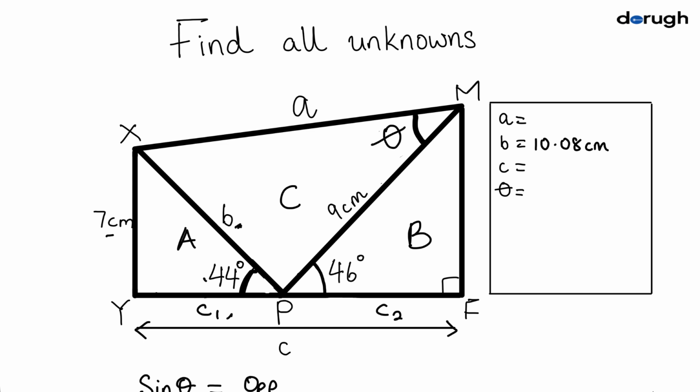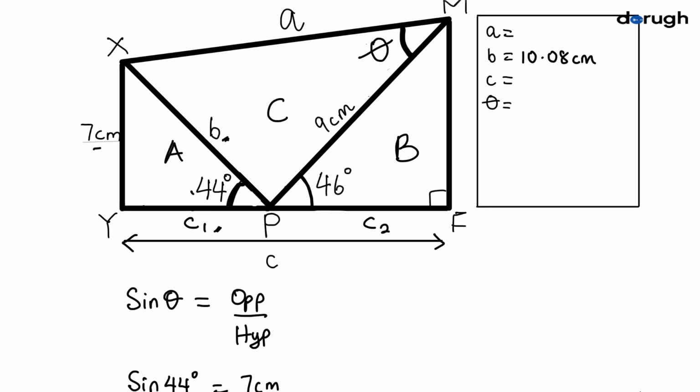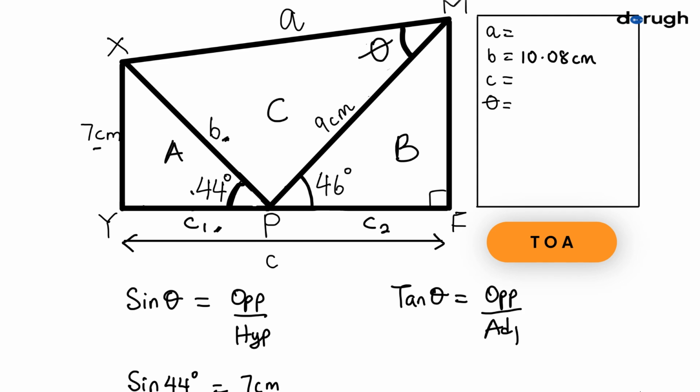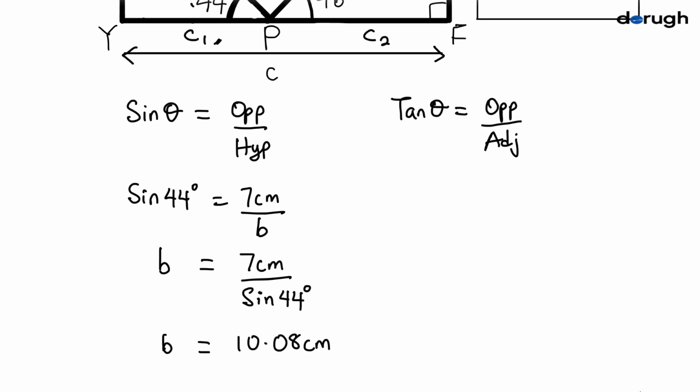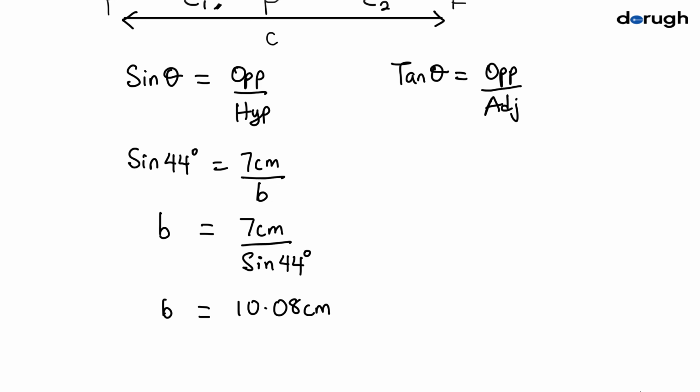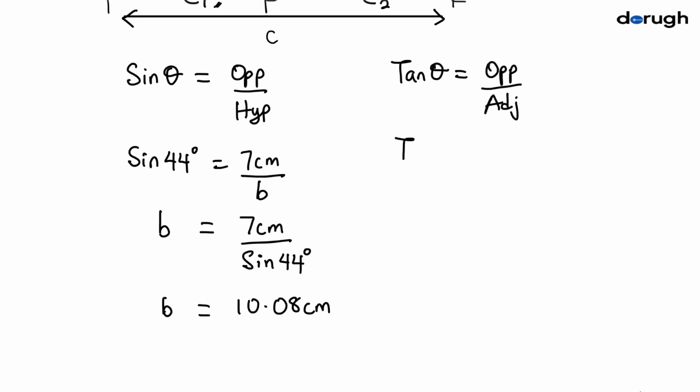Next, we need to find C1. For that, we're going to write that tan theta equals opposite over adjacent. Therefore, tan 44 degrees equals 7 centimeters divided by C1.